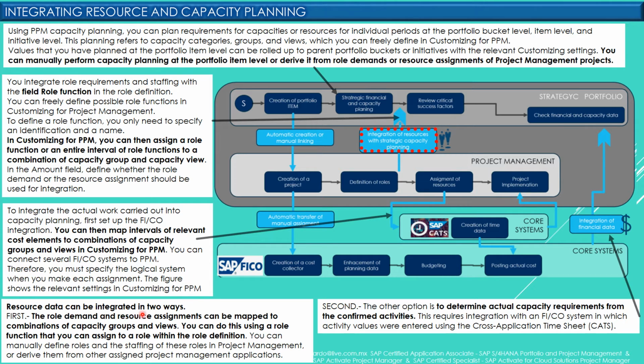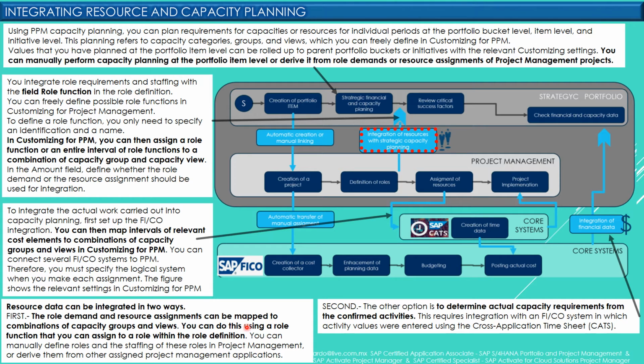Resource data can be integrated in two ways. The first is the role demand and resource assignment, and the second is to determine actual capacity requirements from the confirmed activities. So one is related with resource assignment and the other one is related with activities. Talking a bit about the first one, the role demand and resource assignments can be mapped to a combination of capacity groups and views.